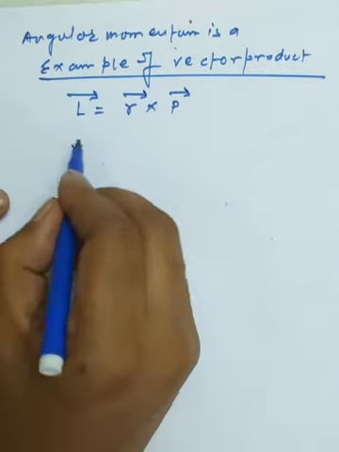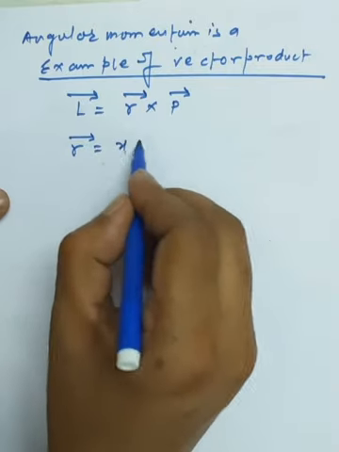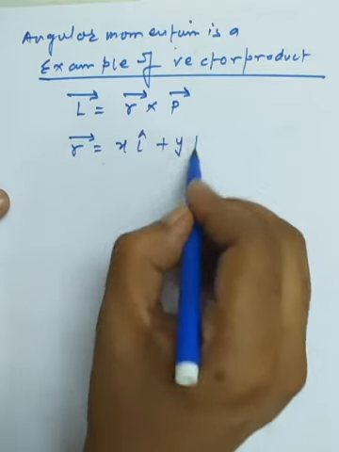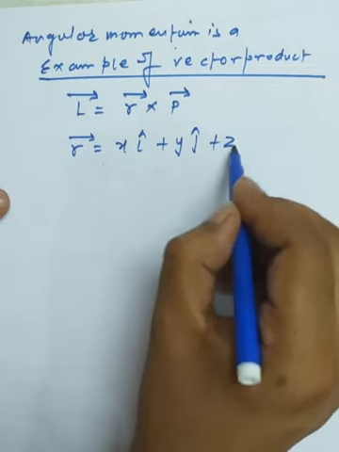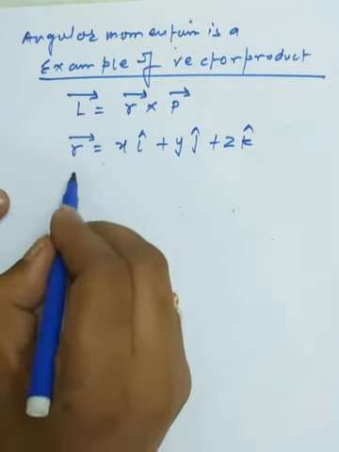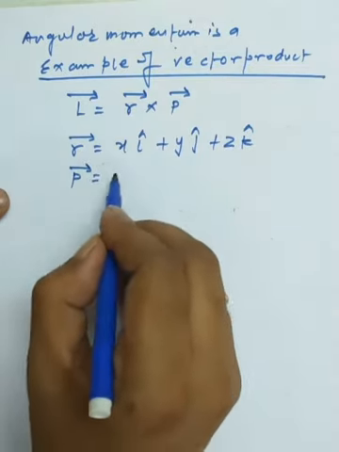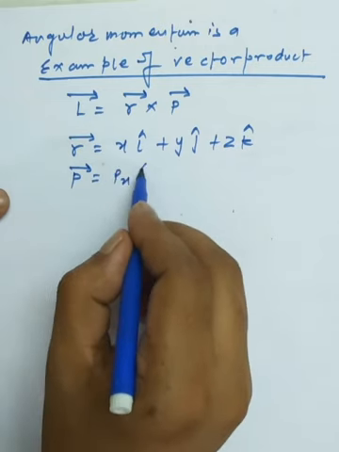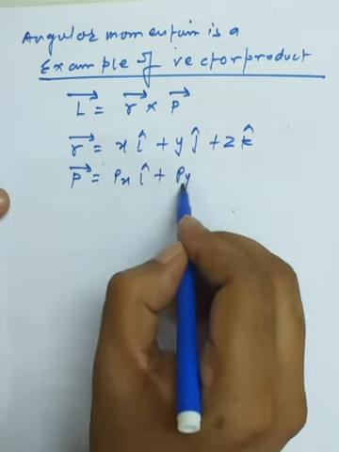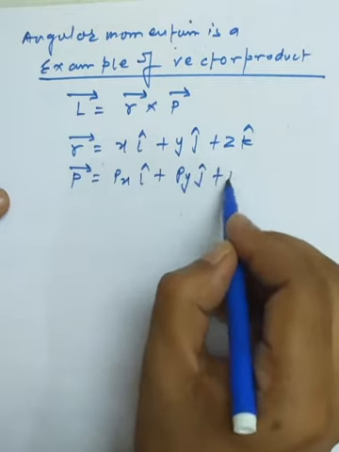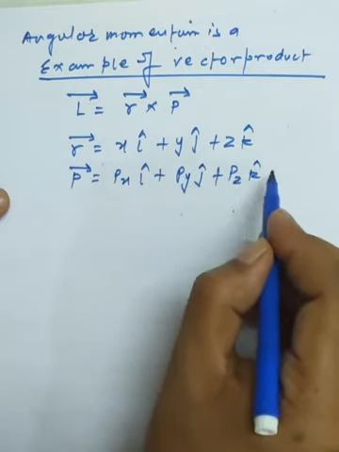R is simply x i cap plus y j cap plus z k cap. P in terms of components is Px i cap plus Py j cap, and Pz along with the k cap.